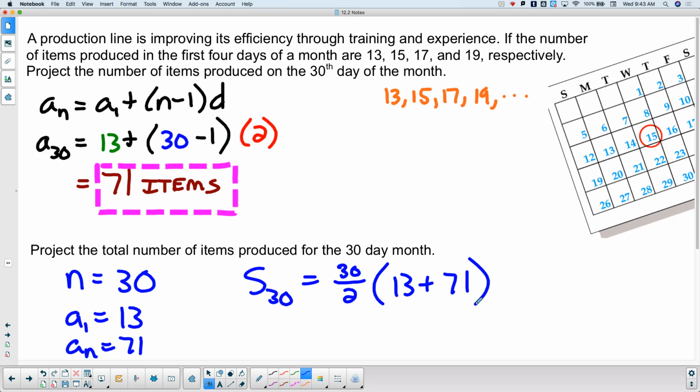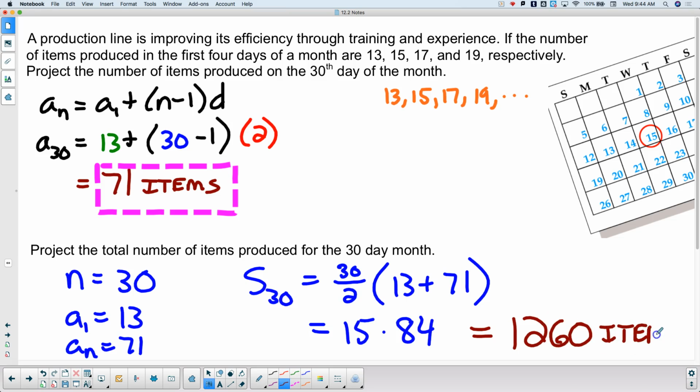That gives me 15 times 84. What is 15 times 84? 1260. So 1,260 items were produced in this factory that month.